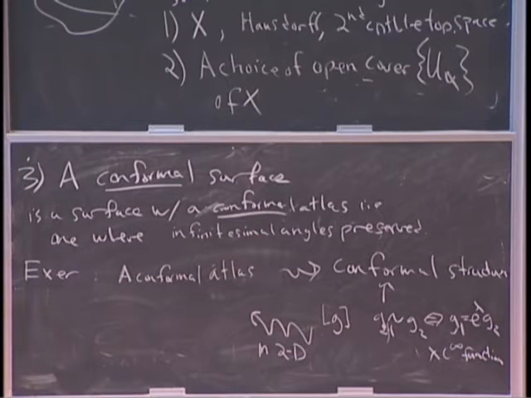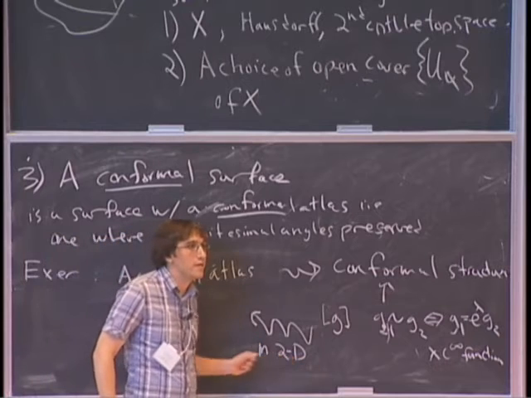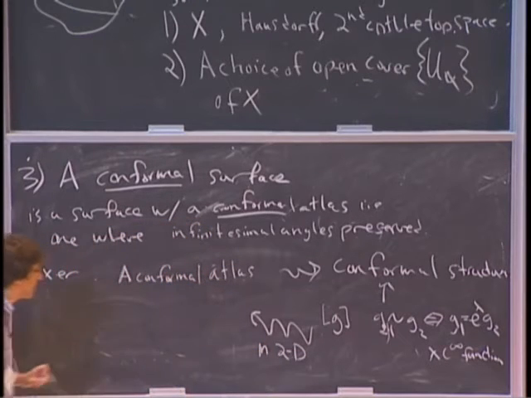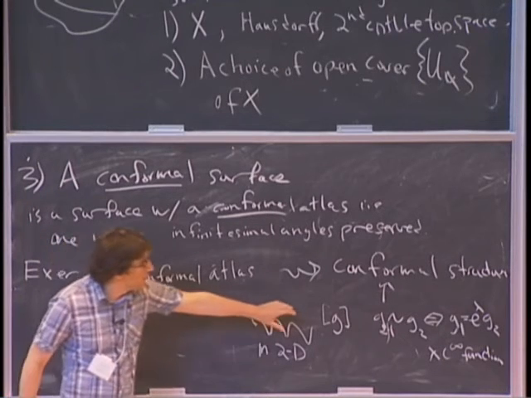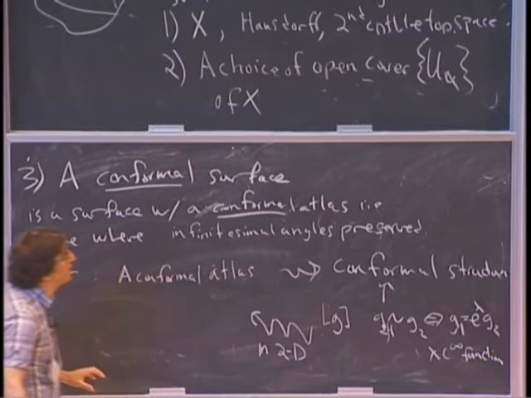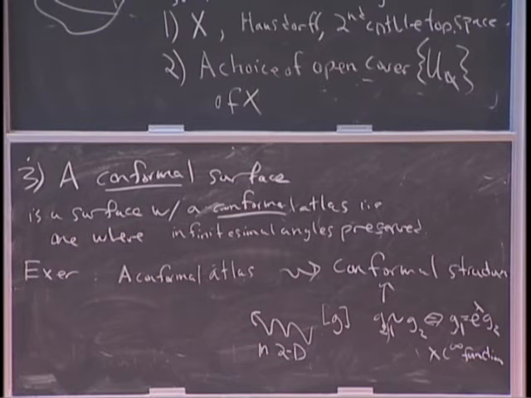It turns out this actually uses some PDE theory. So in this case, a conformal surface is the same as having a conformal class, and this is really one of the powers of Riemann surfaces, and why they're so important in dimension 2.